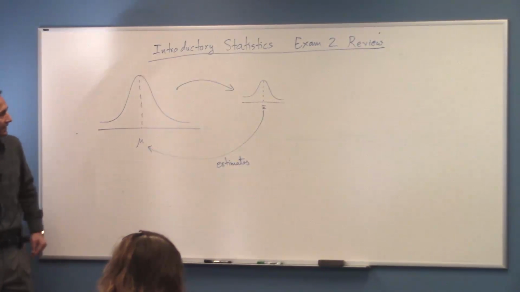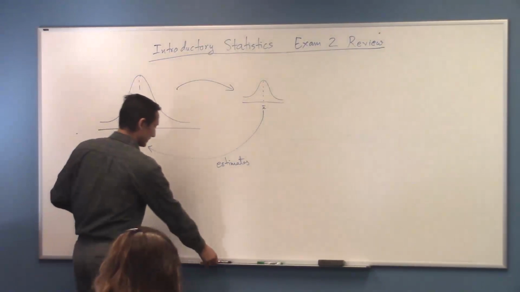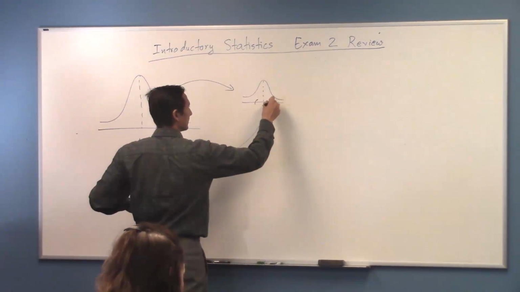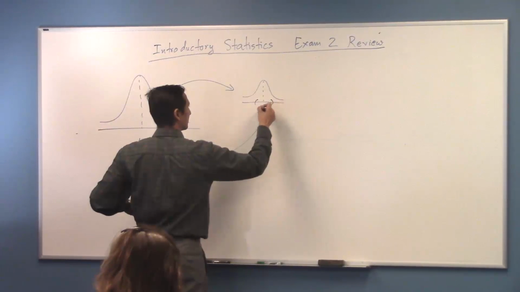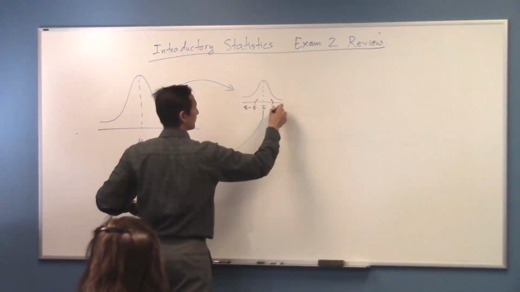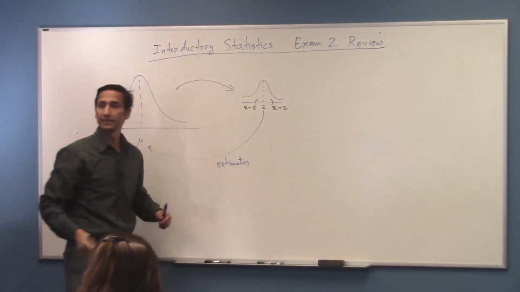And in order to make this estimate better, what we say is, why don't we estimate by an interval? Put a margin of error around it, like this.